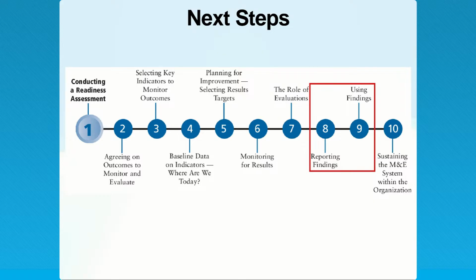We could change it, but we have that monitoring going on in the background and never having to worry about it. And so now we can focus on number 8 and 9. And because it's a sustained system within the organization, 10, we just leave it there. Now, if we want to change or add, we can.